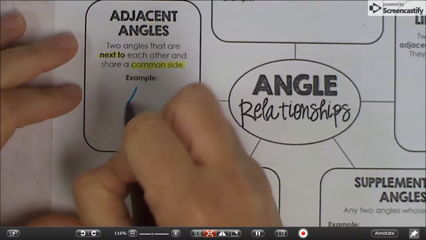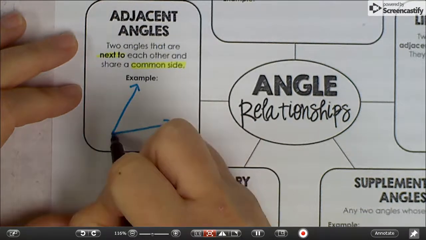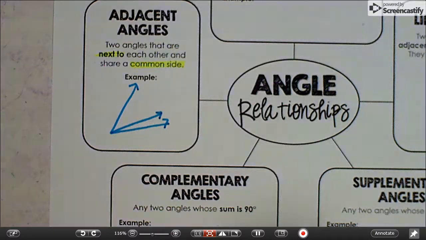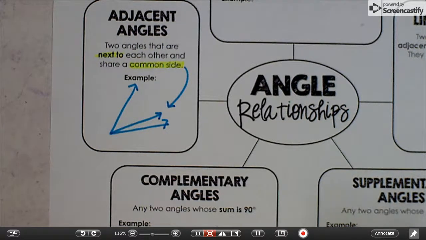So here is an angle, and then we're going to put another little piece in there. That's adjacent. And this is the common side. They have no real relationship beyond just the fact that they're touching. It's more of a description term than it is a useful term in geometry.